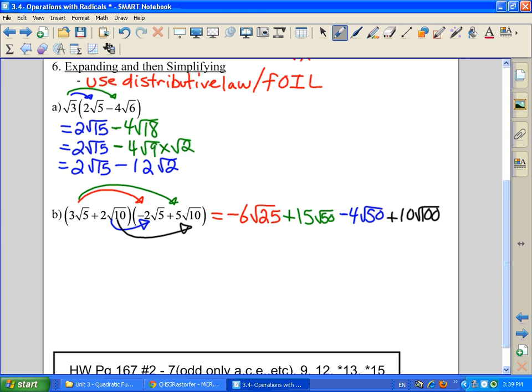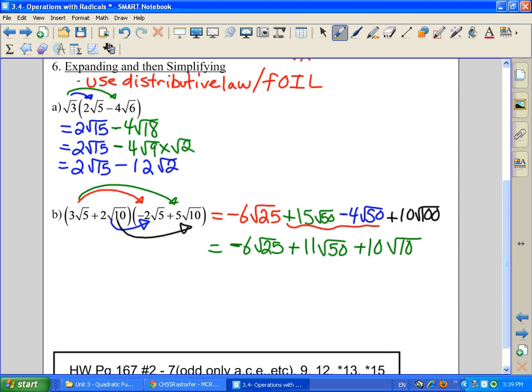So although we have 4 terms here, they all look like they can simplify into an easier expression. Before we try to simplify, can you automatically see some like terms here? Usually that's that outside inside that allows us to have like terms. So let's simplify that first. Collect like terms. So 15 subtract 4, it's going to be 11 root 50.